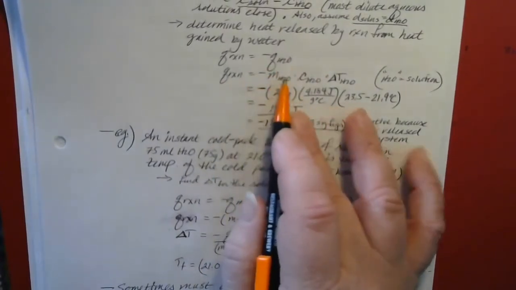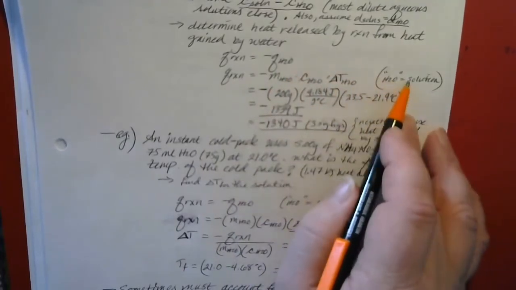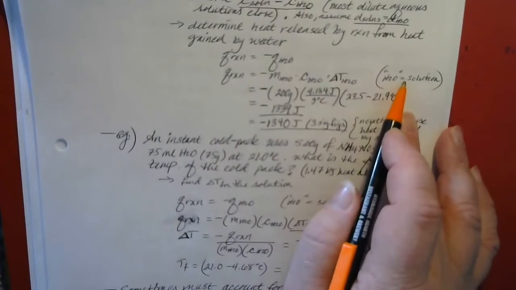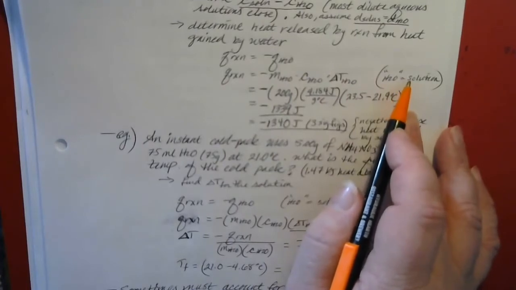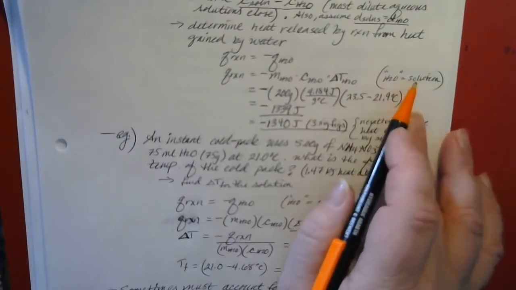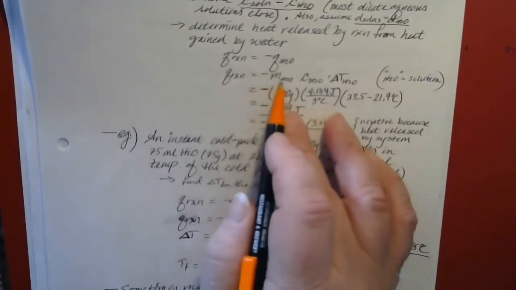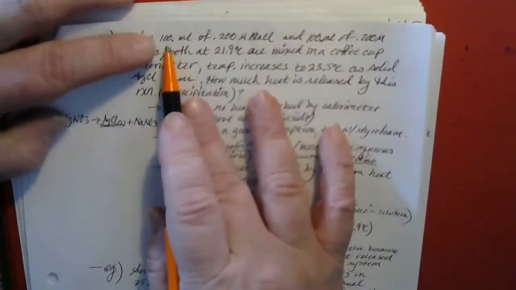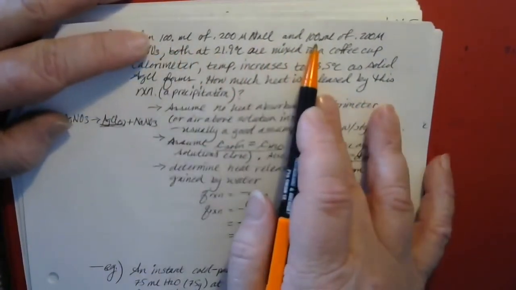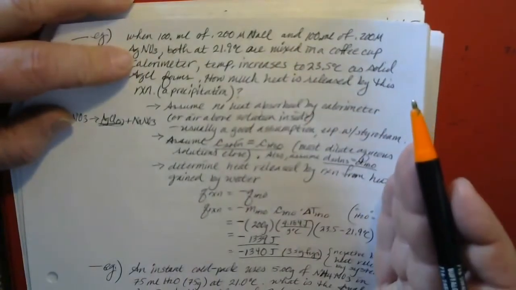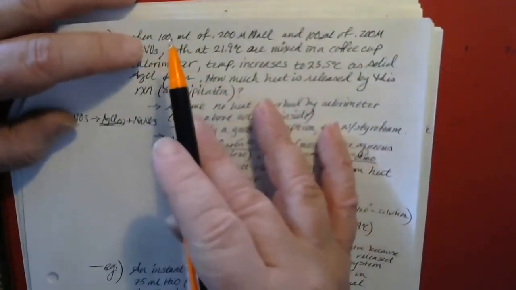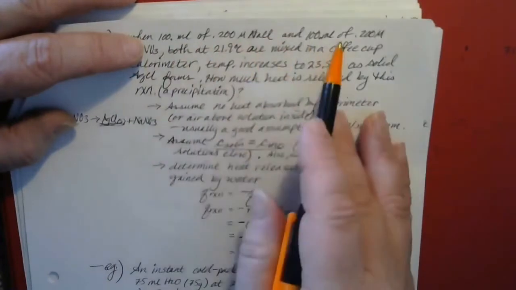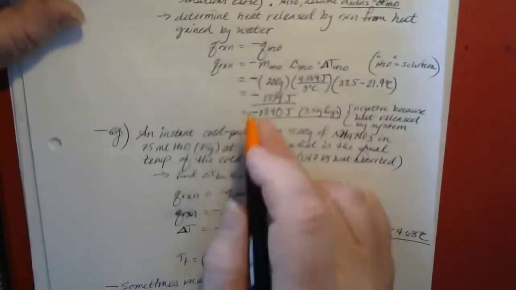Q of H2O is MC delta T for H2O. Now here, when I say H2O, I'm technically referring to the aqueous solutions of the sodium chloride and silver nitrate, so keep that in mind. The mass of the solutions, or the H2O as I'm calling it, would be the total mass of the two solutions. You've got 100 milliliters and 100 milliliters, assuming they have the same density as water. That would be 1 gram per milliliter, so 200 milliliters would be 200 grams.